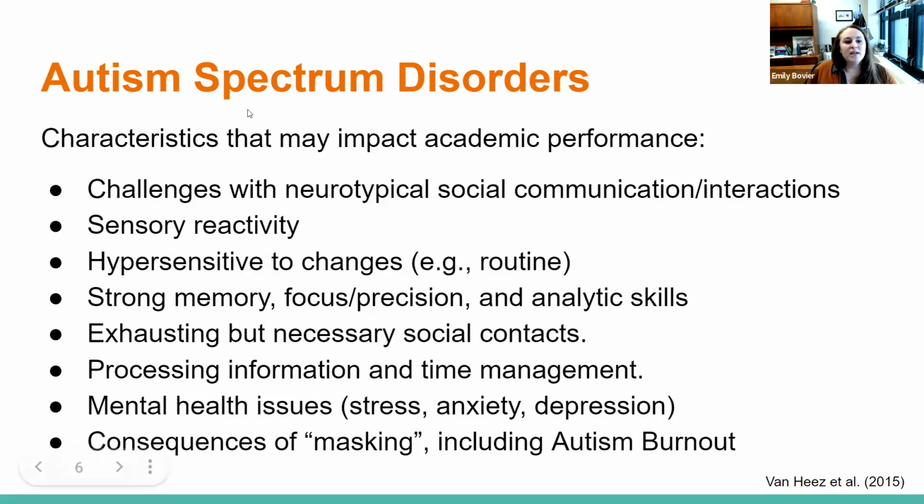So these are all things we want to keep in mind in terms of how a student might be impacted by some of these characteristics in the classroom. And I'm sure we can all reflect on how that can also impact other aspects of their lives that might contribute to their overall success here at SUNY Oswego.